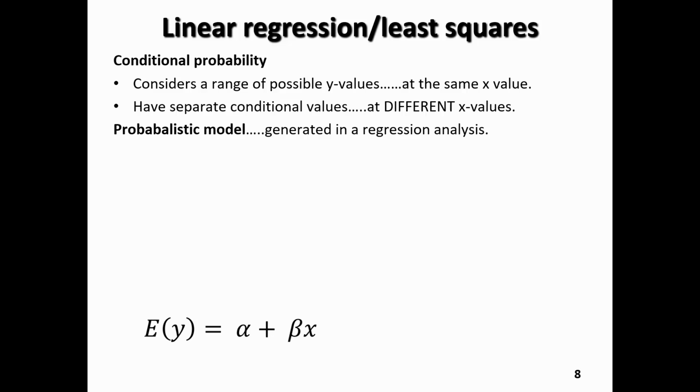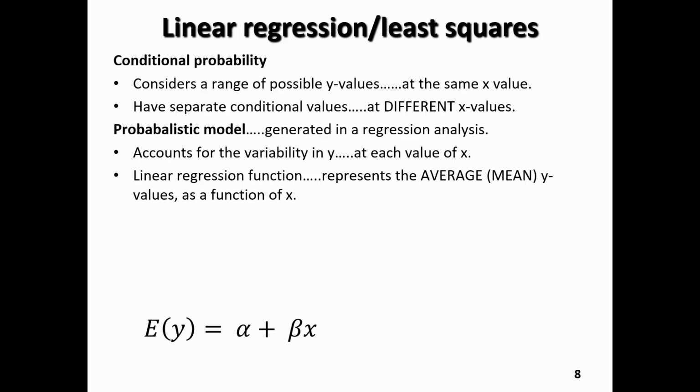This is what's generated in a regression analysis, whether computed manually or with a software program. The probabilistic model, as opposed to the deterministic model, accounts for the variability in the outcome at each value of x. This tells us that we cannot make a perfect prediction in reality, but the regression analysis approach allows us to account for that variability in the outcome at each value of x.